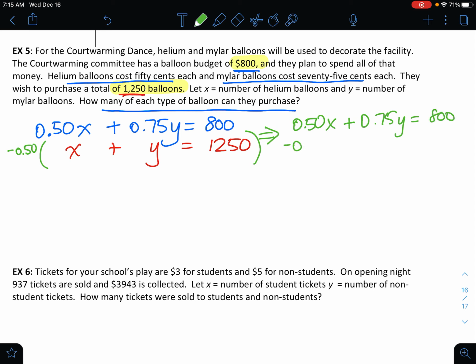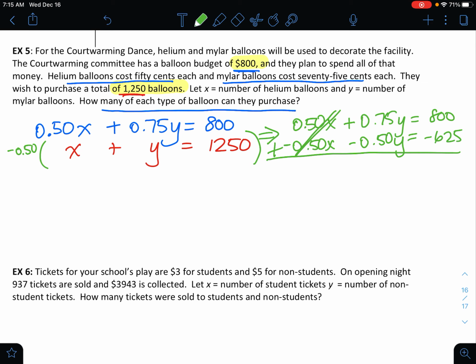I'm going to have negative 0.50X minus 0.50Y. And don't forget to multiply on that last part. So 1,250 times negative 0.5 is negative 625. Now I'm ready to add. Now there's my elimination right there.